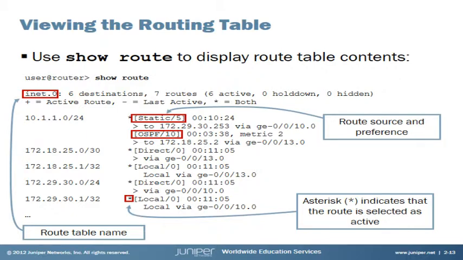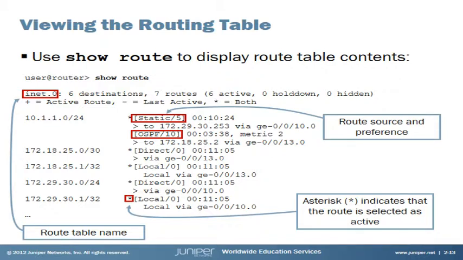We also have an OSPF route to that same network, going via interface 0013. You'll notice the static one has a little asterisk next to it. The asterisk means that is the active route. You'll also see the static has a 5 and the OSPF has a 10. They are the route preference.